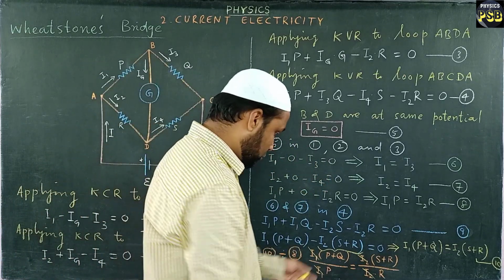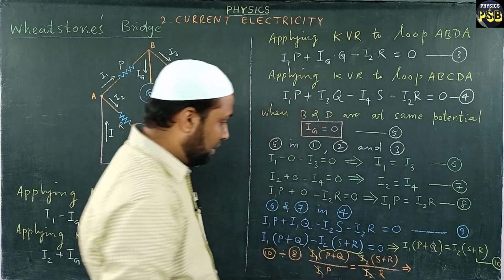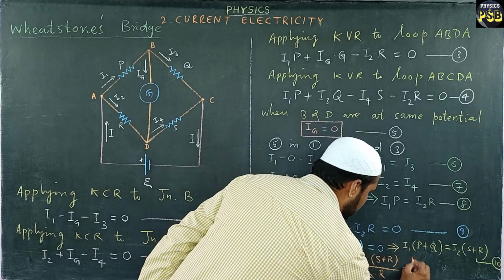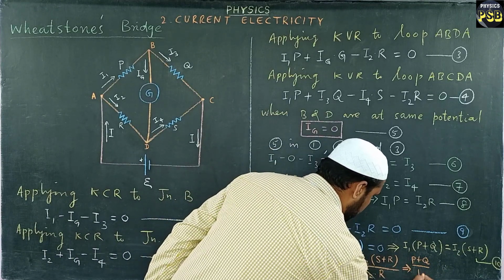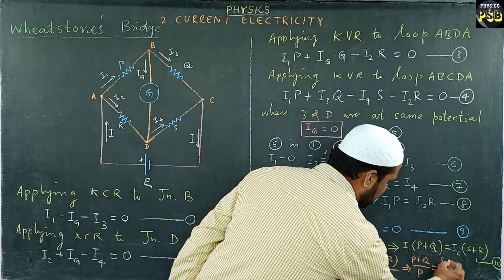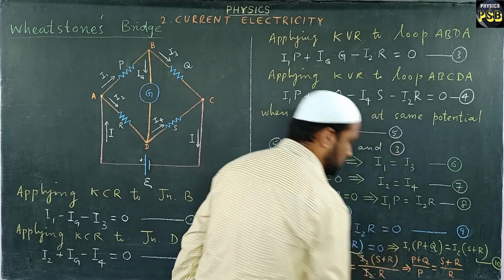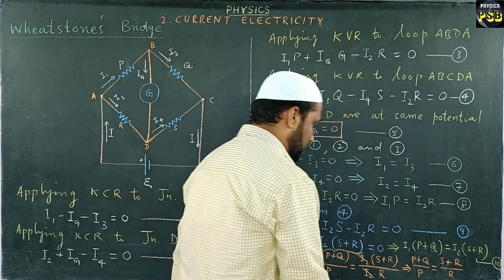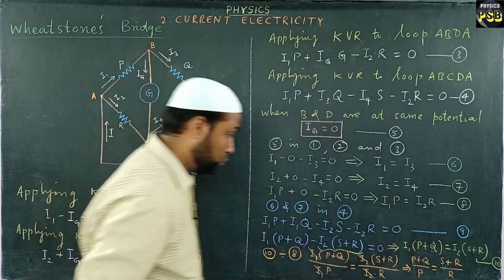So we get an equation with the remaining terms, something like this: P plus Q upon P is equal to S plus R upon R. This is what remains here. I box this equation.